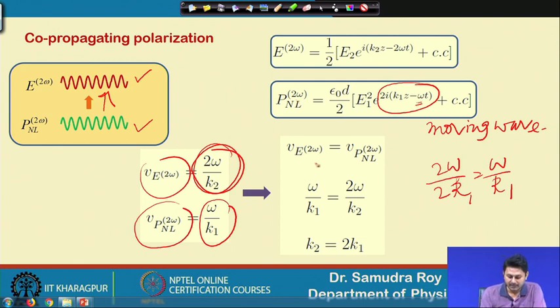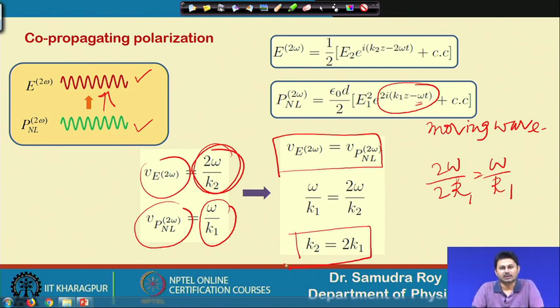Now, if I equate these two phase velocities, omega by k 1 is equal to 2 omega by k 2, or finally we have k 2 is equal to 2 k 1. It is a very important outcome, and it suggests that phase matching means the electric field with the 2 omega component, which is a moving wave, and the nonlinear polarization, which also has a 2 omega component, are moving at the same velocity.